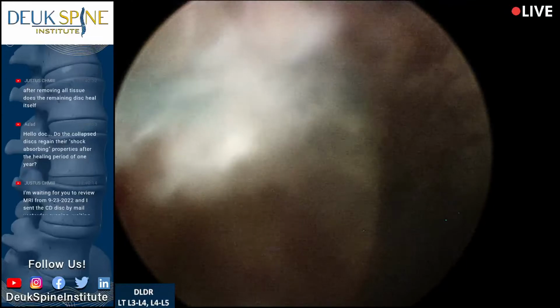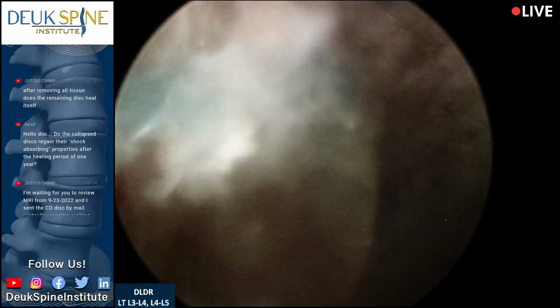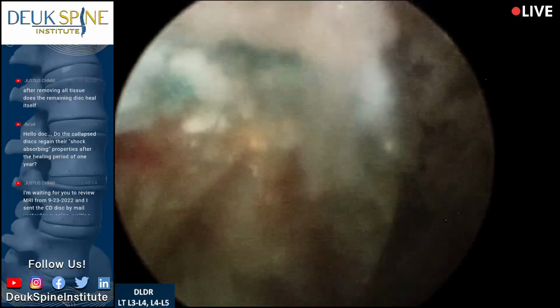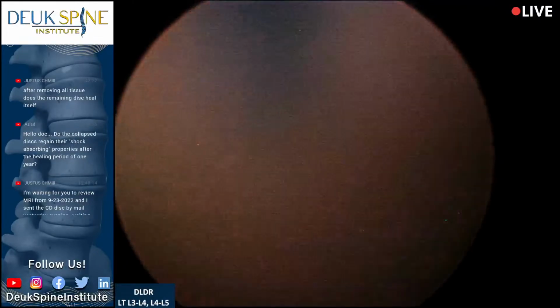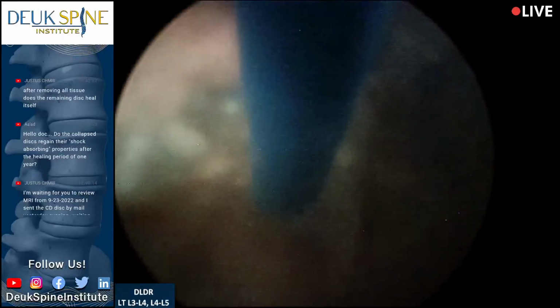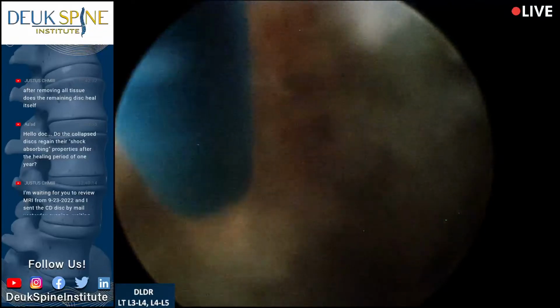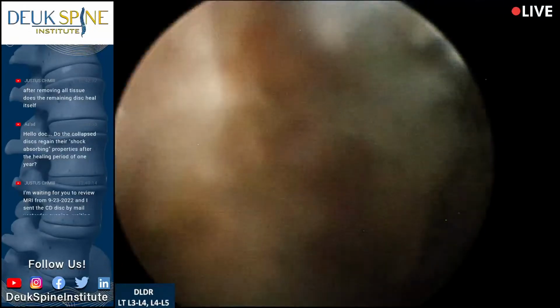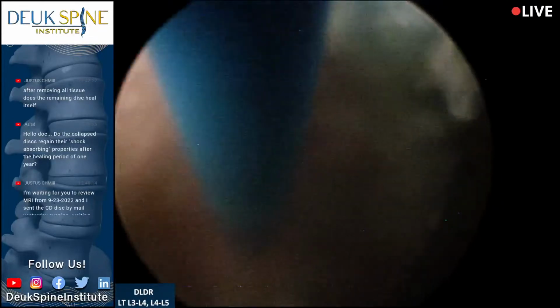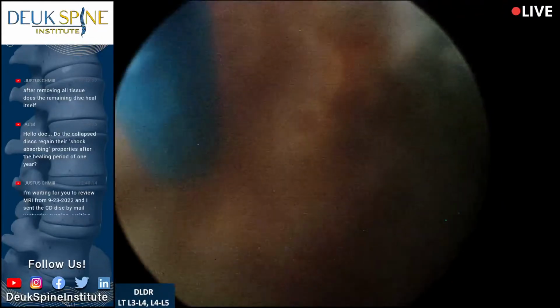Let me get this little piece right here and we'll be done. So I was taught that the jelly is a shock absorber as well, but the reality is it's just a way of putting away a very painful tissue, hiding it from your inflammatory system. If that makes sense.